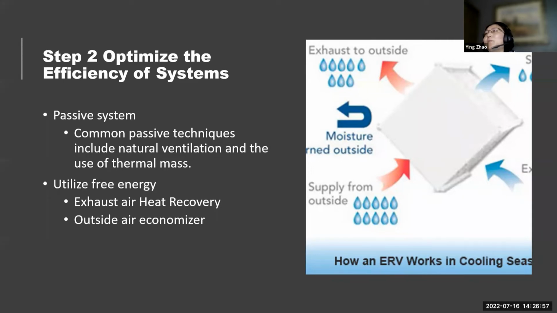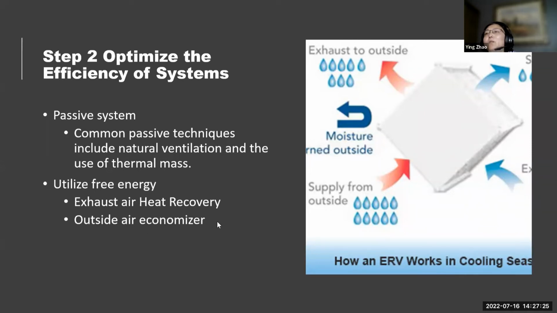That is using free energy to precondition the outside air. That's a very effective strategy, and in a cold climate it can also use the much warmer inside air to heat the cold outside air. So that's a very effective strategy to save energy.